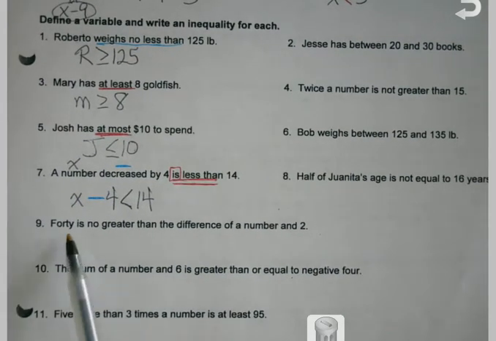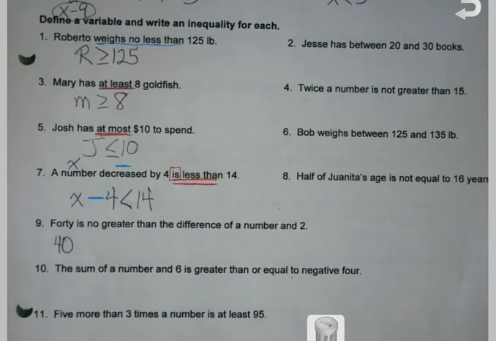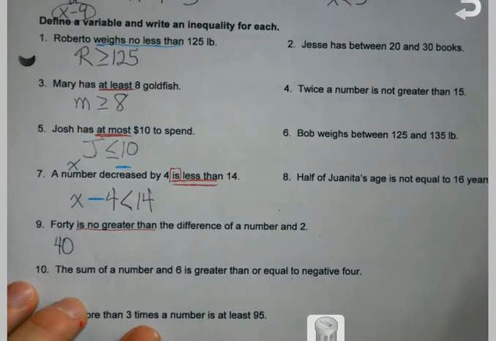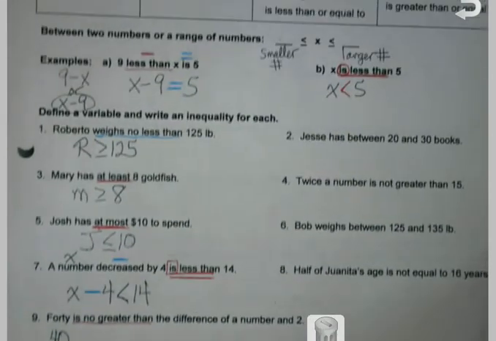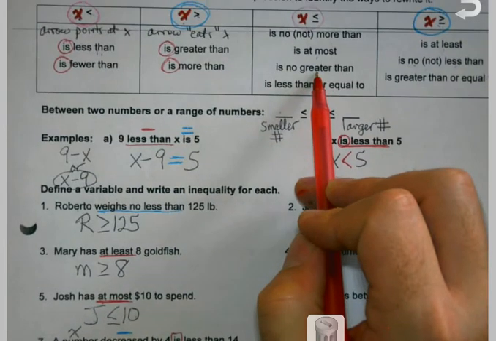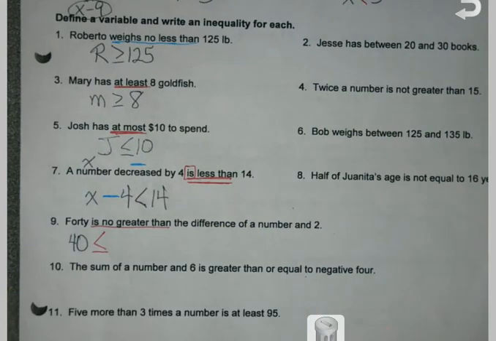So let's see here. 40, okay, is no greater than. All right, let's see here. No is no greater than. Arrow is pointing at my X with the line under.